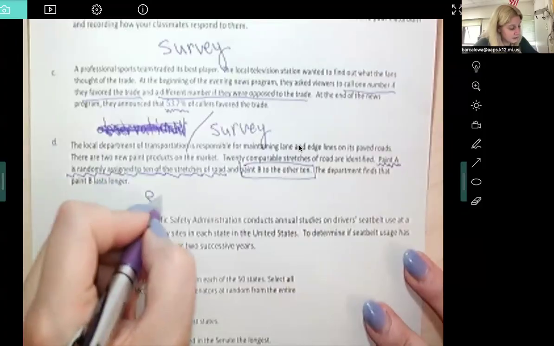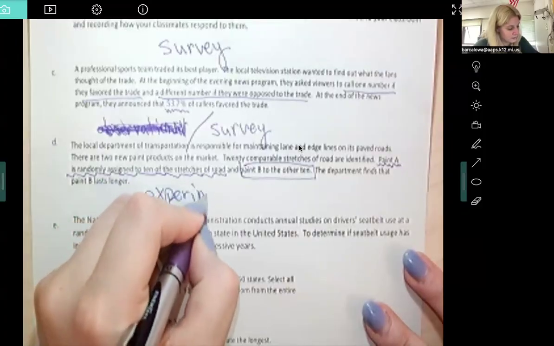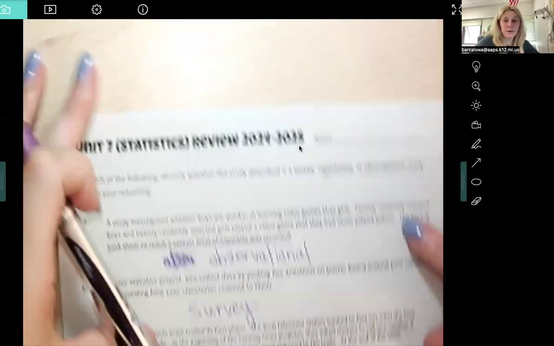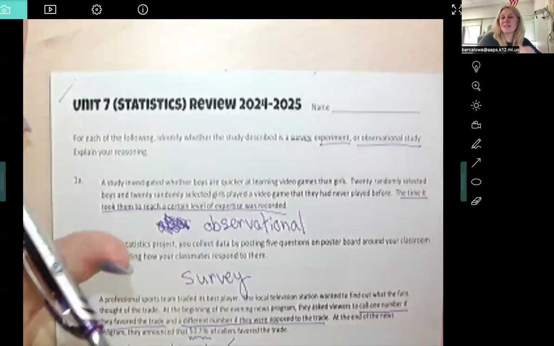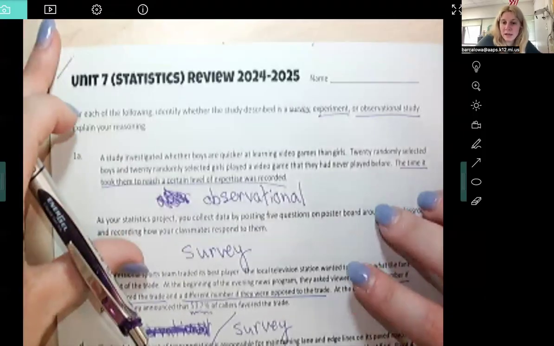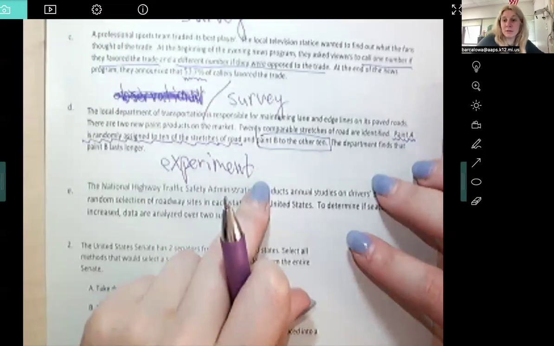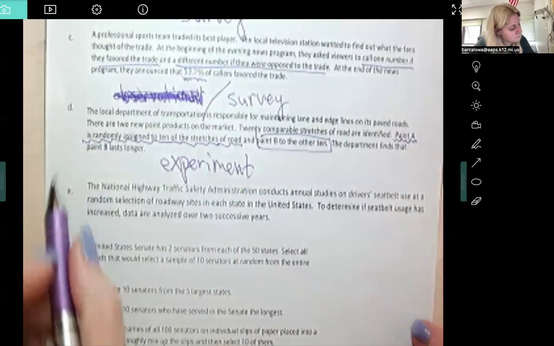Okay, this is definitely an experiment. We're taking 2 groups and applying different scenarios to each group. The previous one was observational because we were having the 2 groups still do the same thing, right? But this one, I'm giving 2 different groups different conditions, 2 different paints, okay?